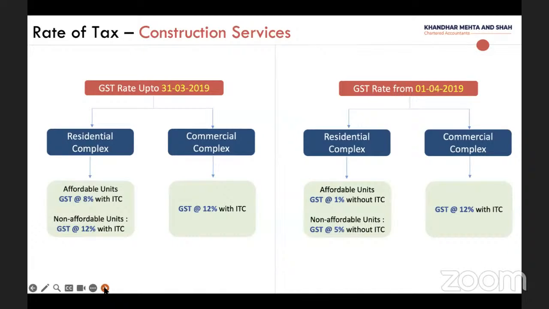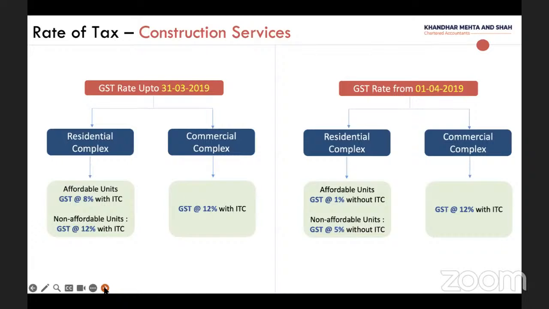For commercial units, it remained 12% with ITC. When I'm saying 8%, 12%, it's an effective rate. Otherwise, it is actually 18%. For 1%, it is around 1.5%, and for 5%, it is 7.5%. We'll see in the next slide. Up till 31st of March 2019, the tax rate applicable was 12% effective rate for residential complex for non-affordable units with ITC.